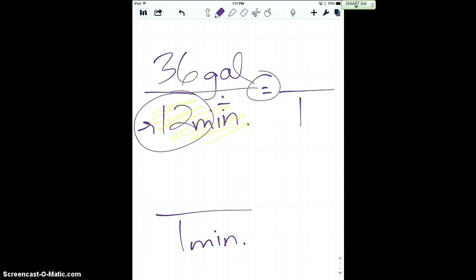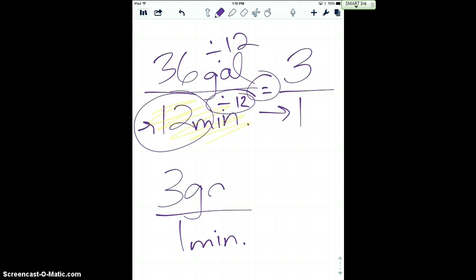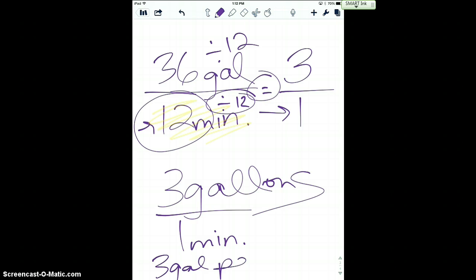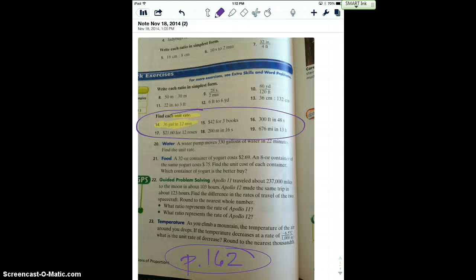So I'm going to divide by 12 to get it to be 1. Meaning if I do that to the denominator, I'm going to have to do the same thing to the numerator, and 36 divided by 12 is 3. So my unit rate in this case is 3 gallons per minute. And this per one of something is what's known as the unit rate.